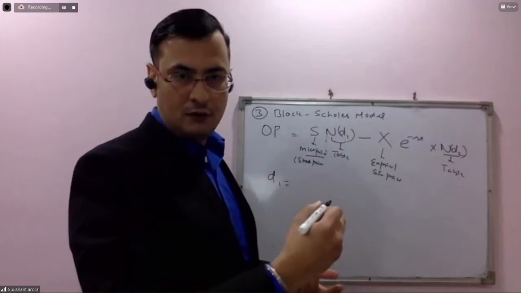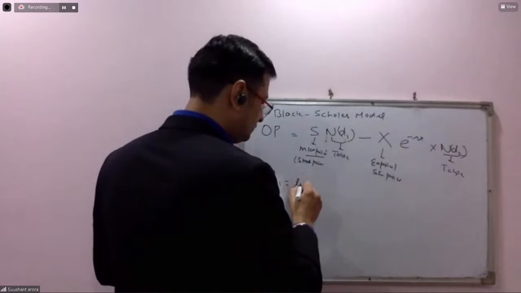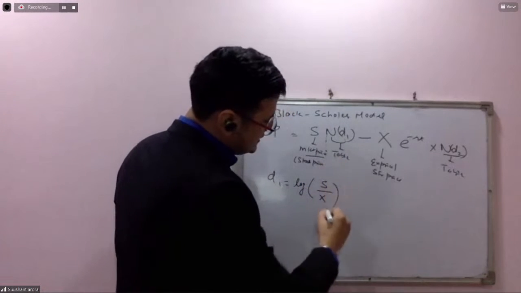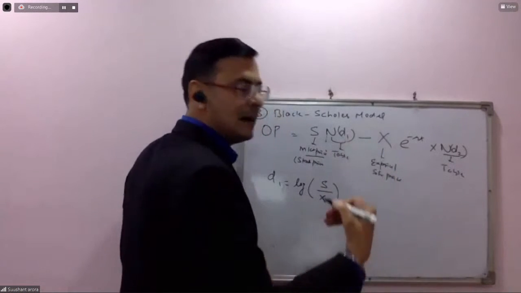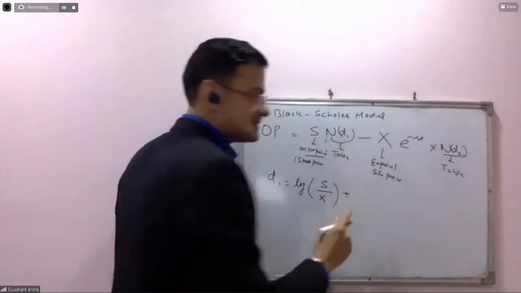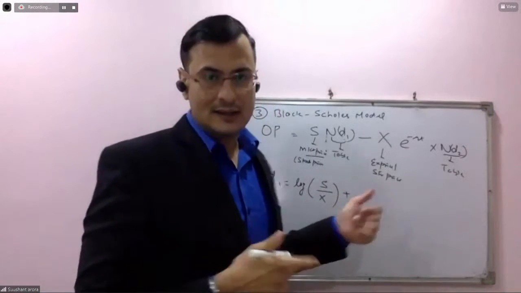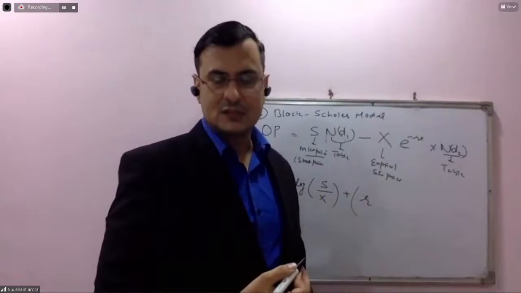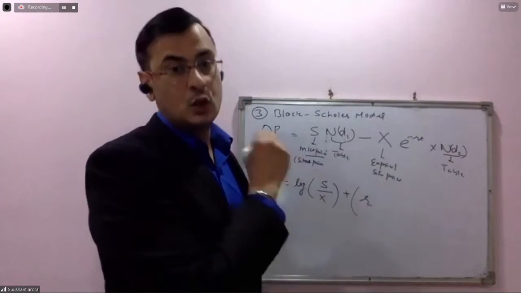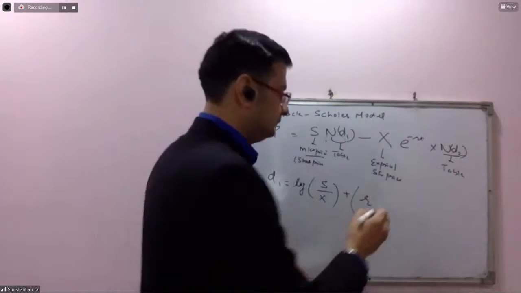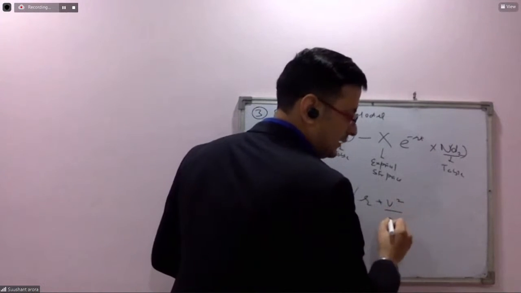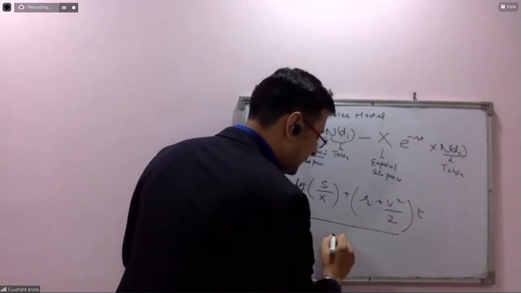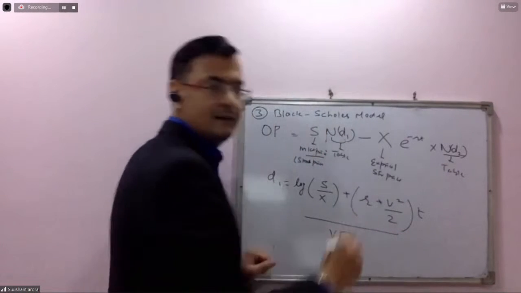It is the logarithm of S by X, stock price divided by your exercise price, plus R, your risk-free rate compounded, plus volatility squared divided by 2, multiplied by T, whole divided by V under root of T.